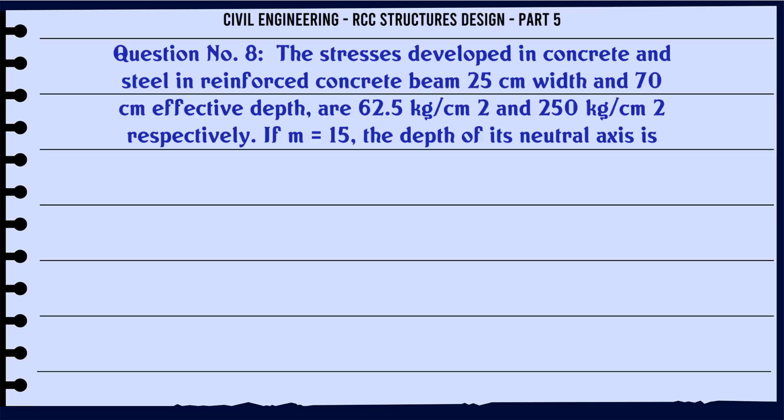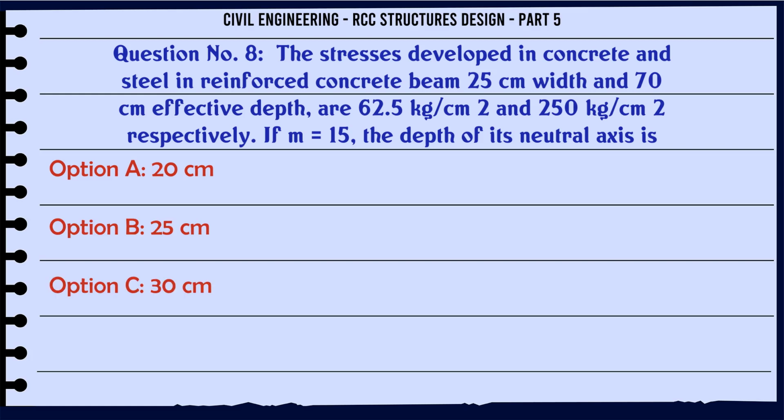The stresses developed in concrete and steel in a reinforced concrete beam 25 cm width and 70 cm effective depth are 62.5 kg/cm2 and 250 kg/cm2 respectively. If M15, the depth of its neutral axis is A 20 cm, B 25 cm, C 30 cm, D 35 cm.